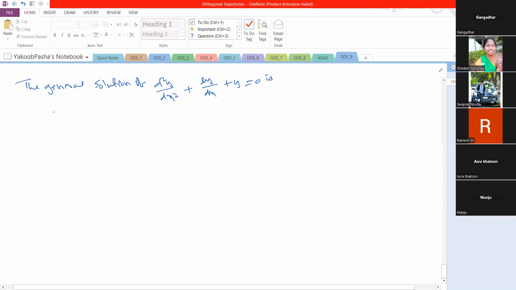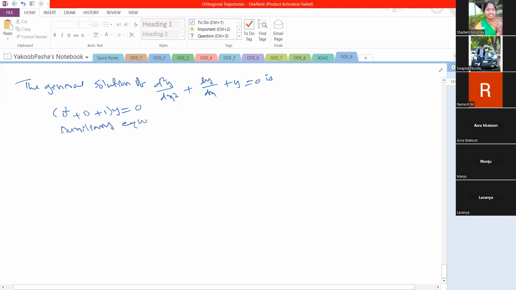First write the operator form, that is (D² plus D plus 1) y is equal to 0. So the corresponding auxiliary equation, just replace D by m, that is m² plus m plus 1 is equal to 0. This is a quadratic equation.